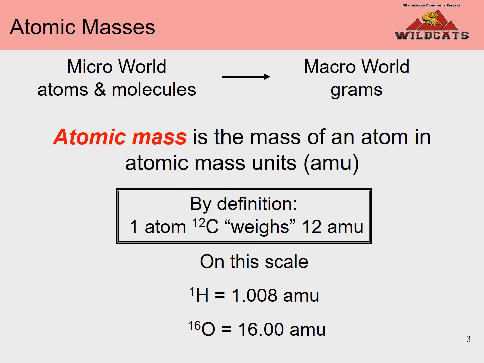Well, we can take the carbon-12, and if we divide it by 12, we end up with a mass of 1. And so on this scale, if we compare hydrogen and oxygen to 1/12 of a carbon atom, we end up with 1.00 AMU for hydrogen or 16.00 AMU for oxygen.